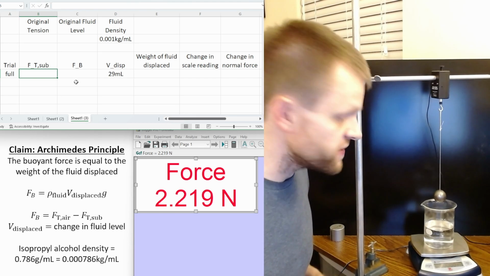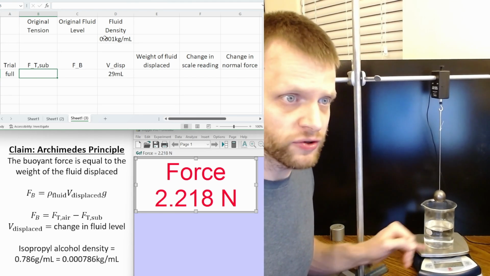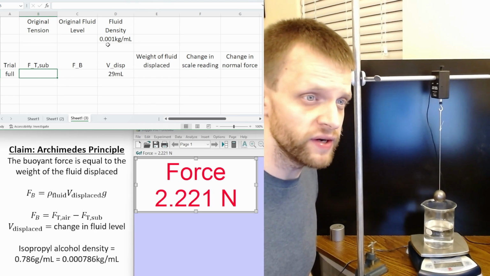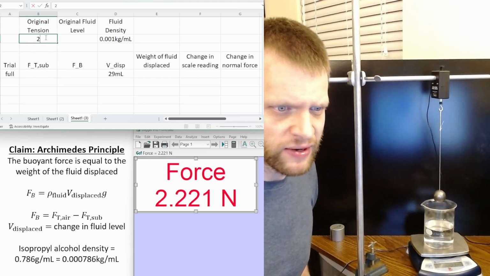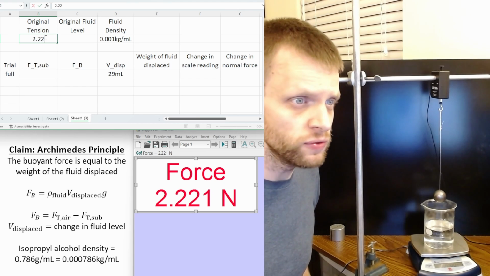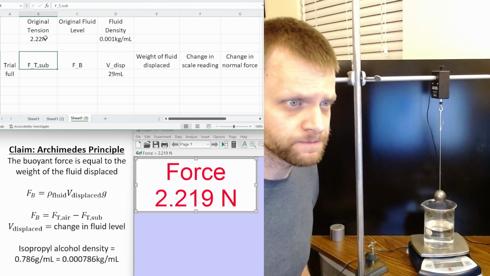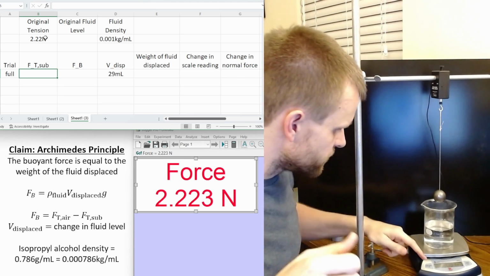Now, in terms of the other values, we don't need the fluid level. We're just back to ordinary water, so a density of 0.001 kilograms per milliliter. And our original tension is right around 2.22. Again, we've zeroed this.